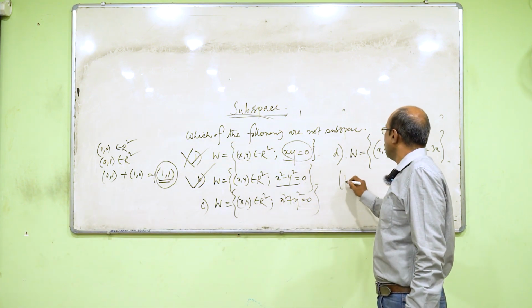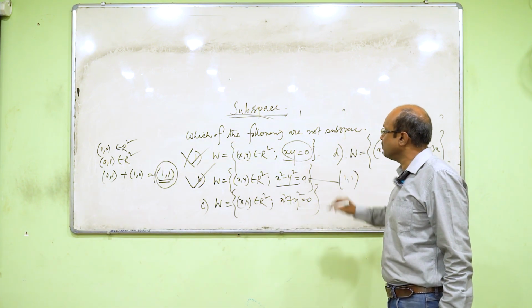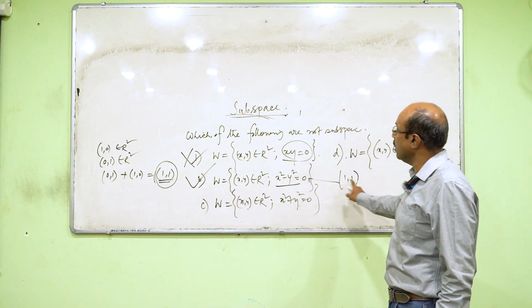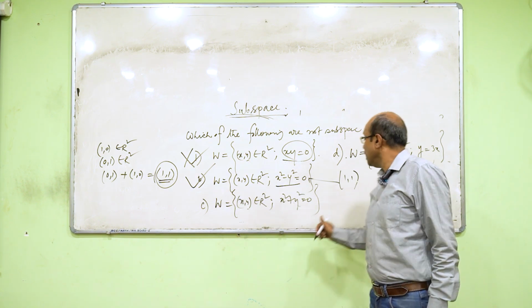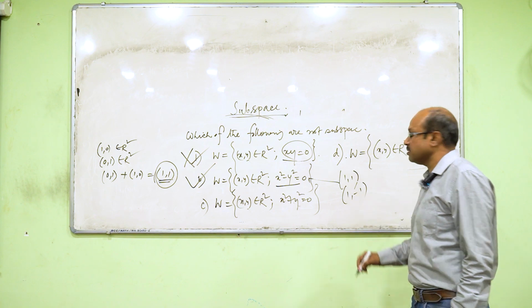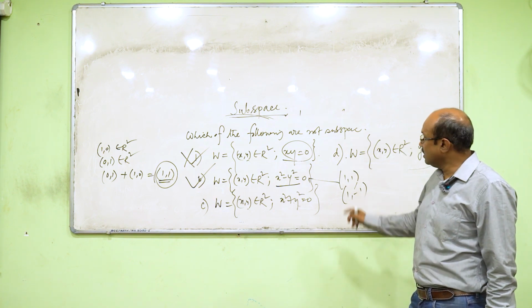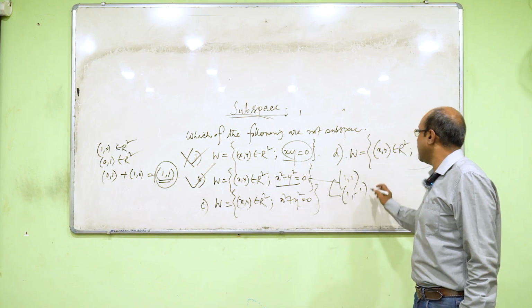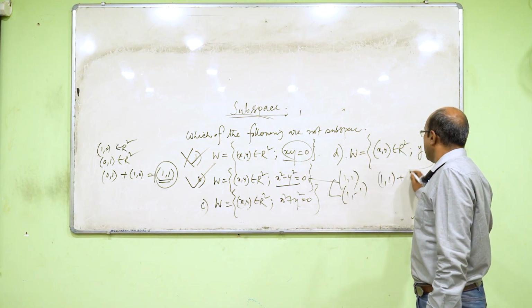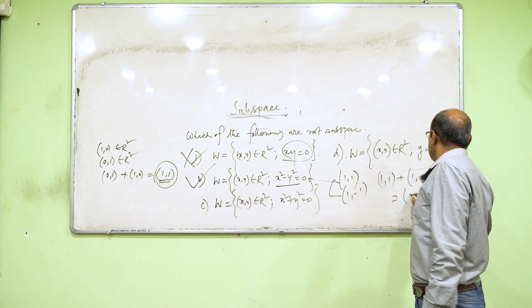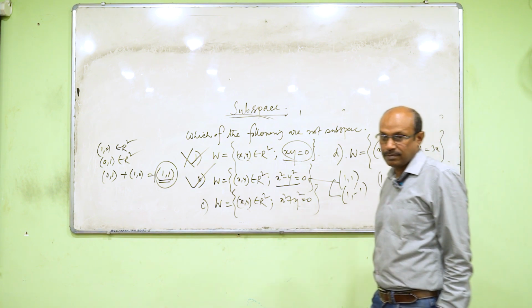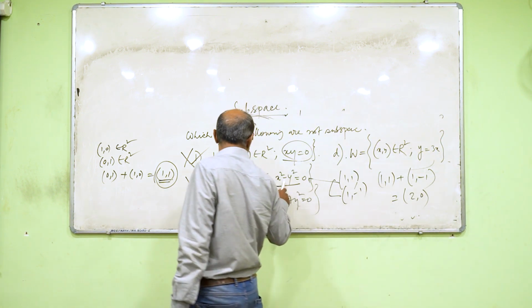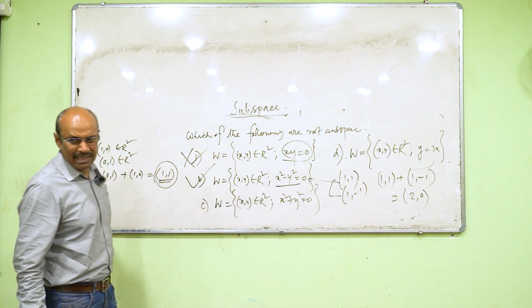Suppose (1, 1) satisfies the relation, and (1, 1) belongs to capital W. If you take (1, -1), this also belongs to capital W. But if you take the sum of these two elements, (1, 1) plus (1, -1), that is (2, 0). Does (2, 0) satisfy the relation or not?